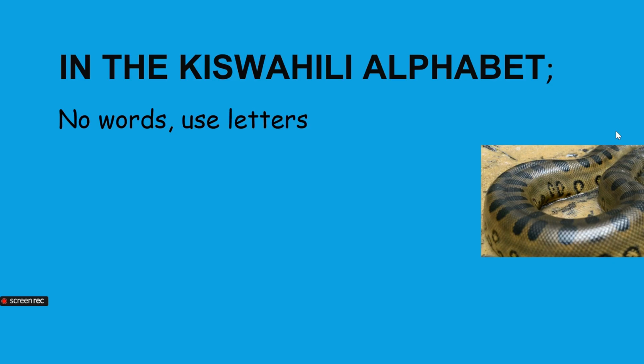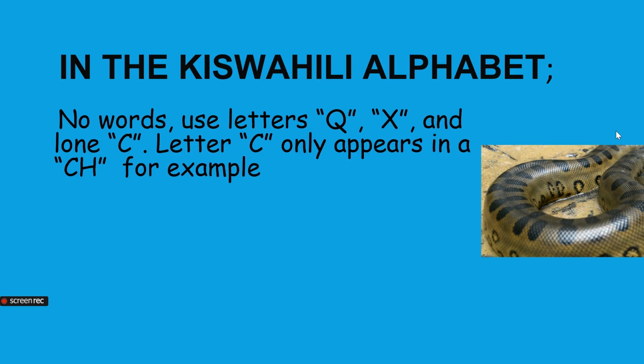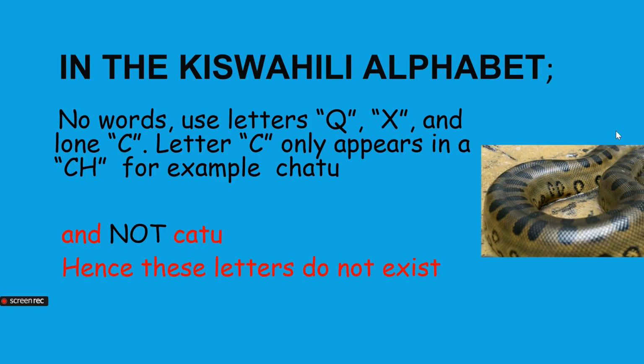In the Kiswahili alphabet, no words use the letters Q, X, and lone C. For example, in the word chatu, we cannot have a lone C, so C will always appear with an H. It is worth noting that Q and X do not exist in the Kiswahili alphabet. Most of the words, instead of using a C, will use a K, like in the word kiti.